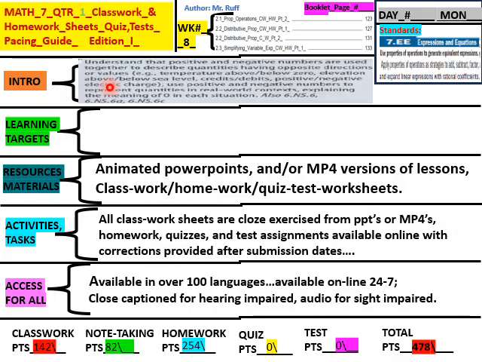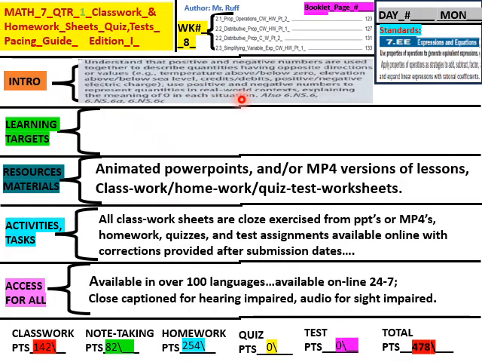And so our intro now for Math 7 Quarter 1 Week 8, understand that positive and negative numbers are used together to describe quantities having opposite directions or values in the real world, for example, temperatures above, below zero, elevation, electric charges, credits, debits, and that kind of stuff.